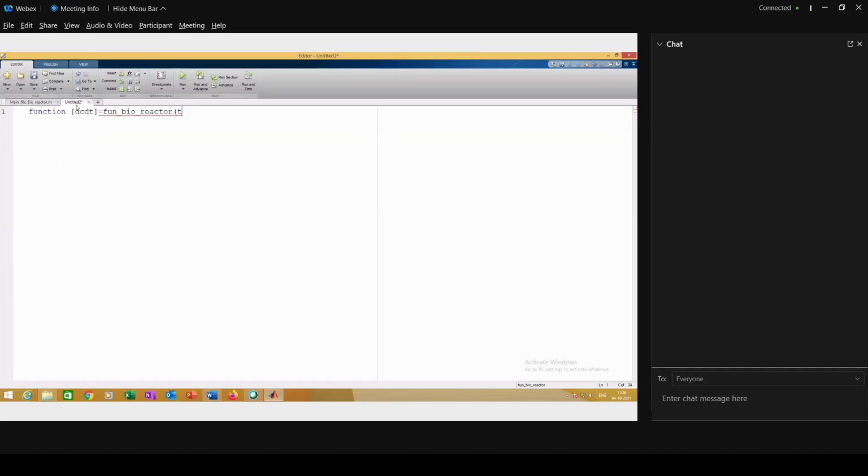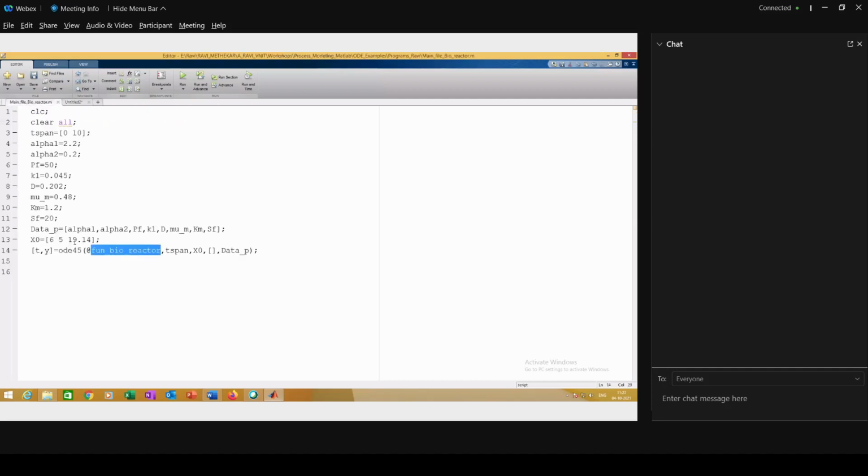Function file, input argument t, output argument y, then data underscore r. That's the third slot. Then first, I'm going to unbundle the data which I wrote here.